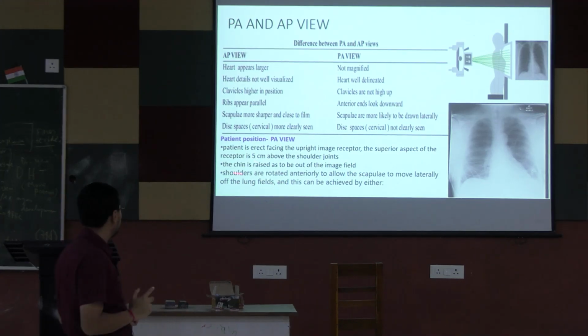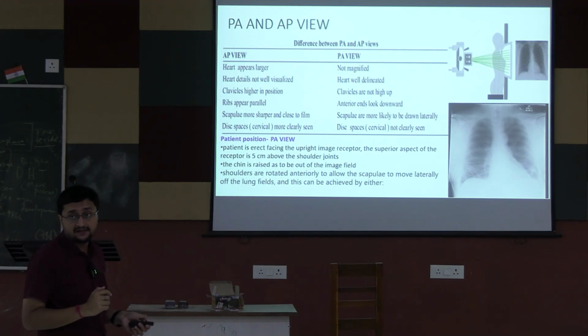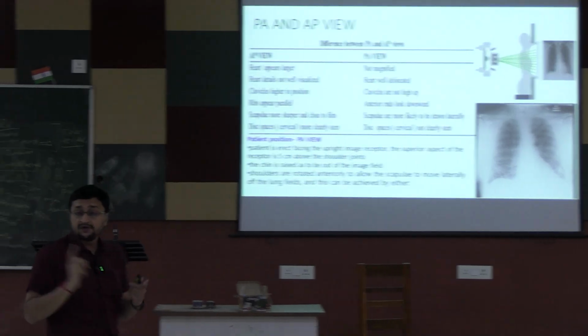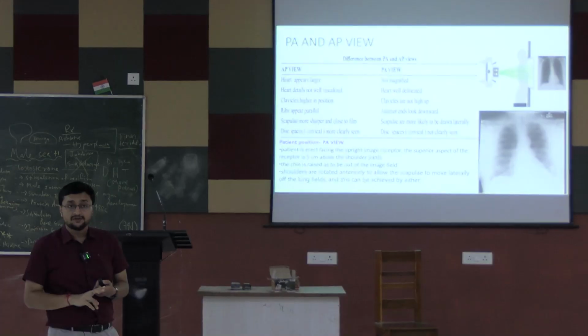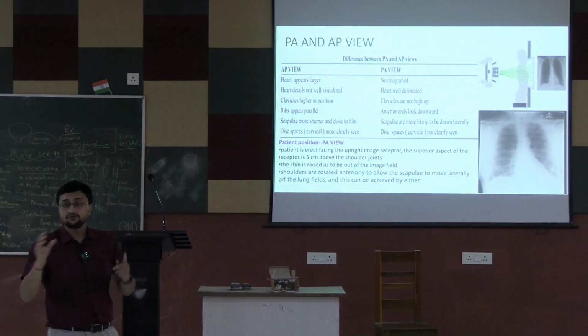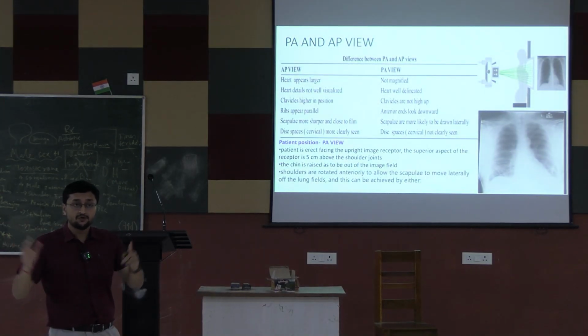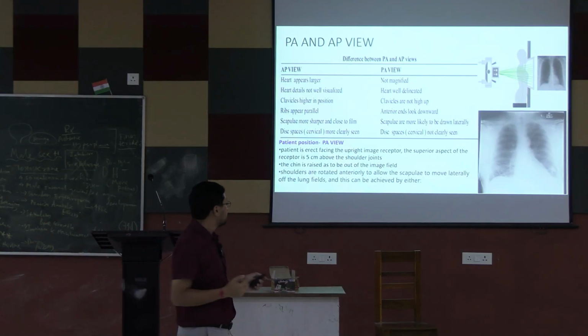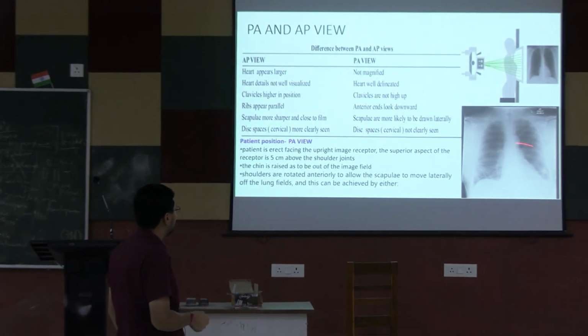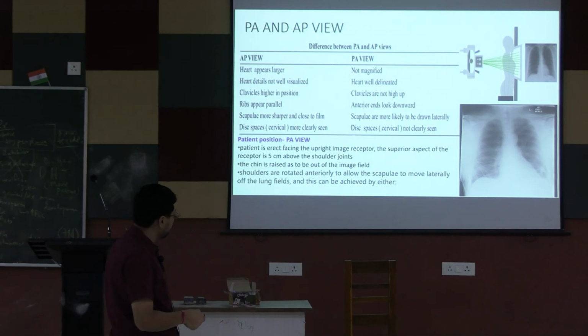And most importantly, the shoulder is rotated anteriorly, because the scapula shadow should not be superimposed. So to retract the scapula, the shoulder should be rotated anteriorly, right? So this is a PA view X-ray, right?